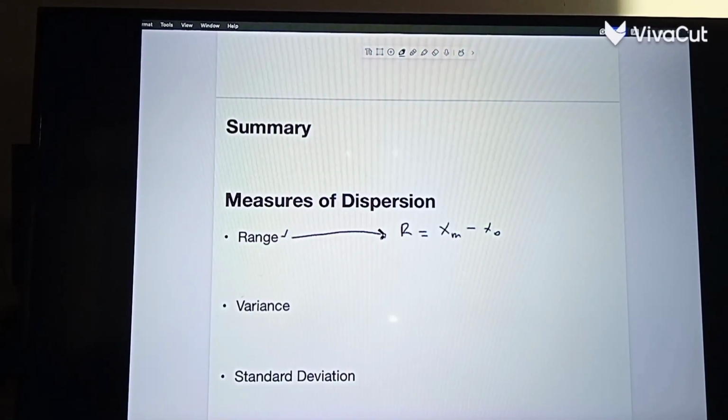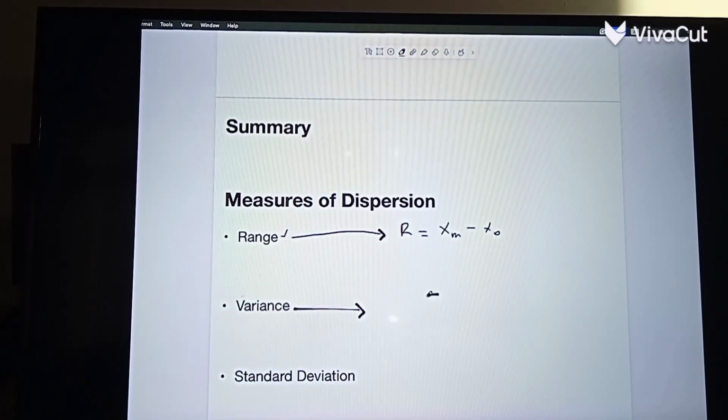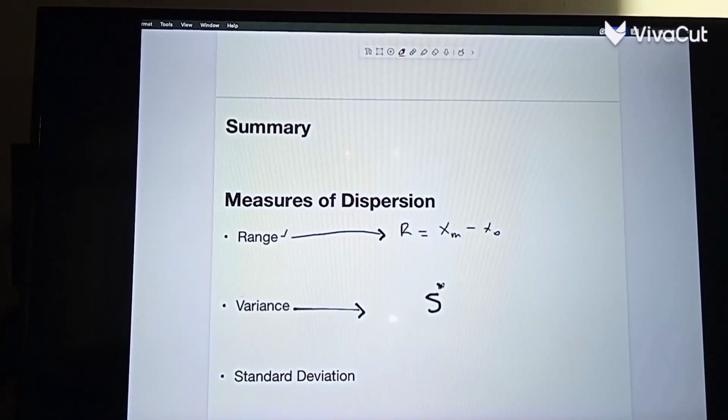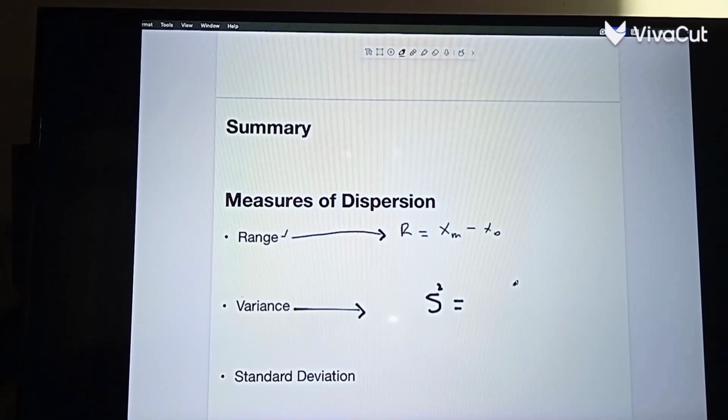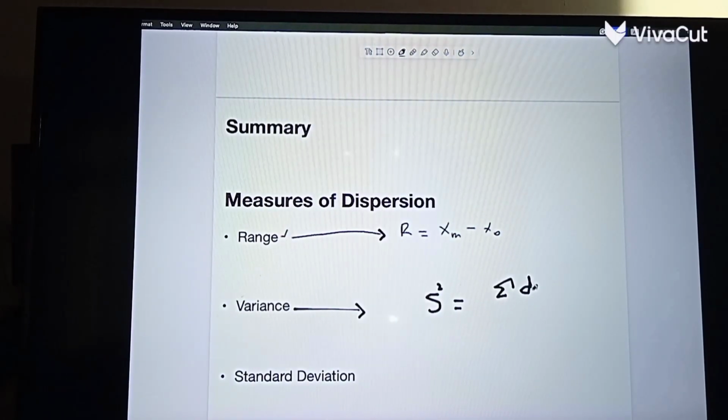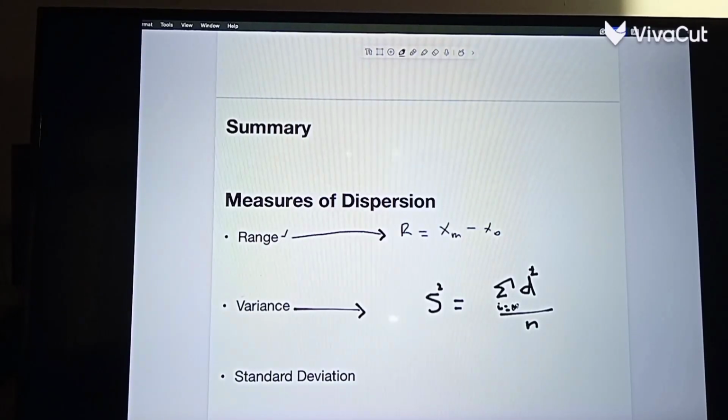The formula for the variance is denoted with capital S square, and it is defined as summation d square divided by n, where i runs from 1 to n.